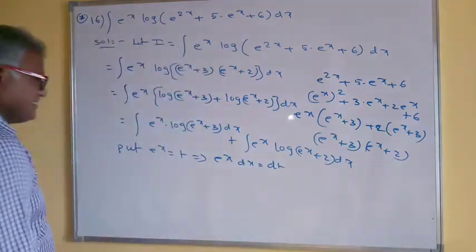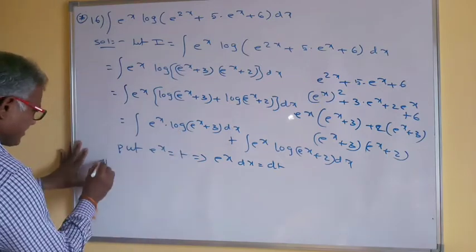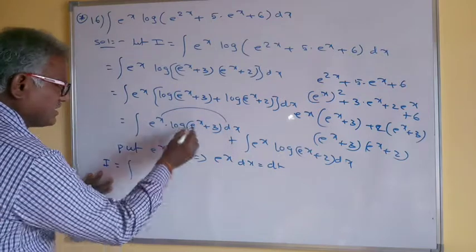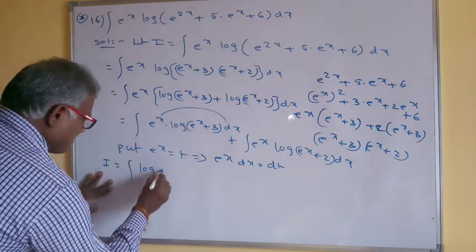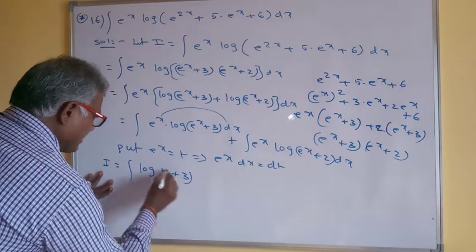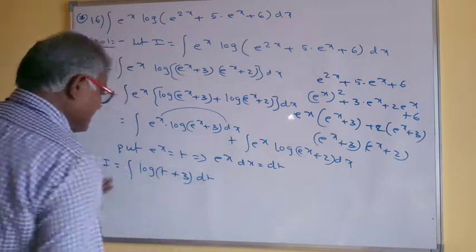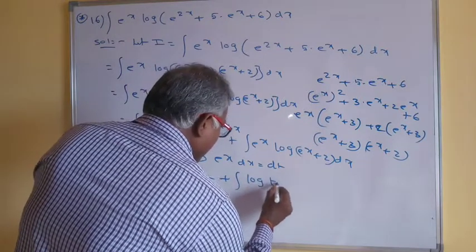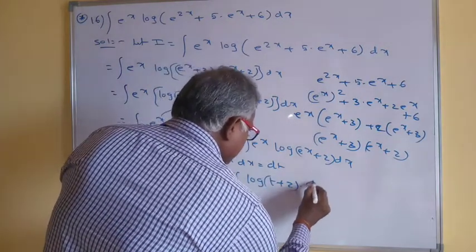So therefore I is equal, you see here e power x dx is equal to dt. Here integral log of t plus 3 dt. Next plus integral same, log of t plus 2 into dt.